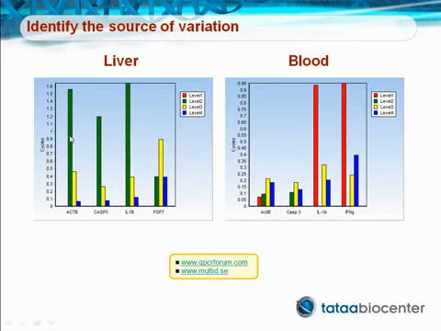For the liver samples, we see that most of the variation is introduced by the sampling step, reflecting the heterogeneous nature of the solid tissue. For blood samples, substantial inter-subject variation is observed for the cytokines, suggesting that perhaps one of the animals may have been sick. Variation in the sampling step is negligible, as expected for homogeneous blood.